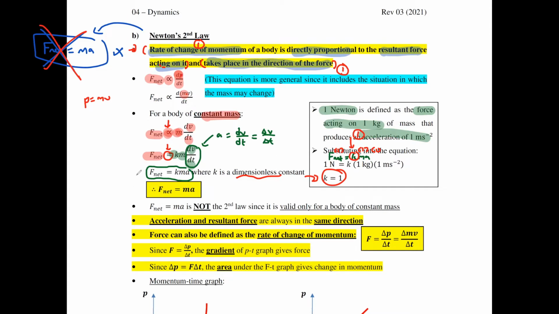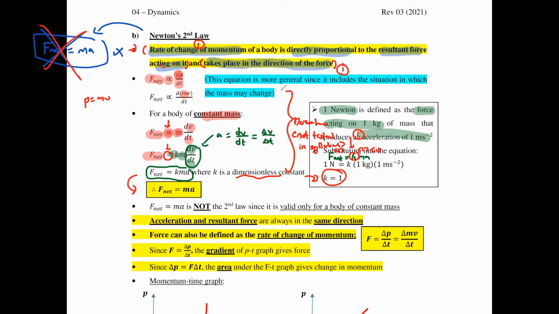Eventually, your expression becomes F net equals ma. Now, this entire thing looks like a derivation of F net equals ma, but this is not tested in your syllabus. You don't really need to bother so much about knowing this derivation in detail.